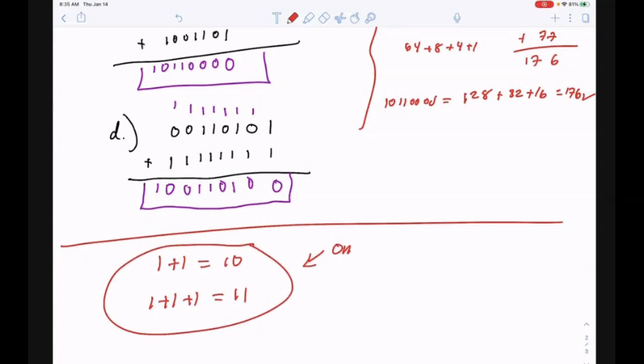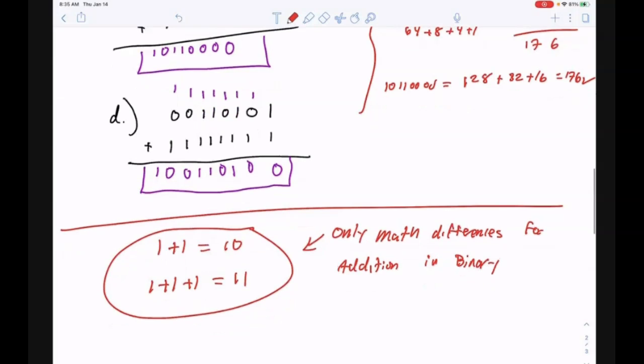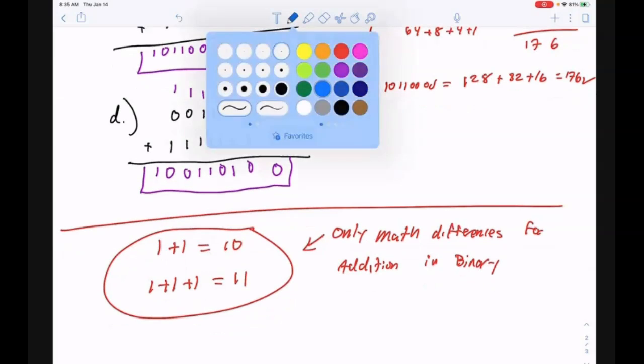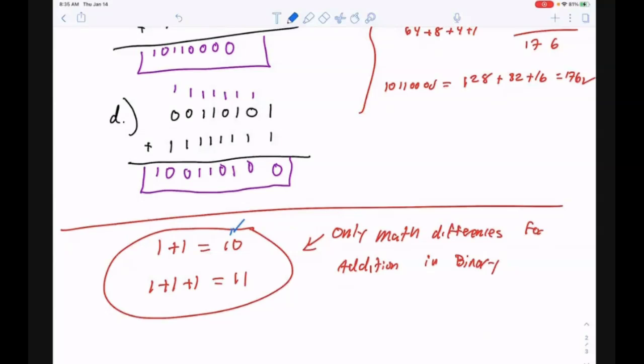These are the only math differences for addition in binary. And more importantly, you need to carry that 1 in front over to the next digit place when doing these.